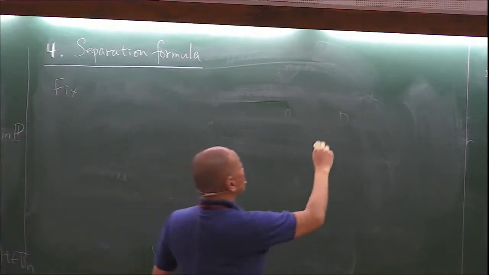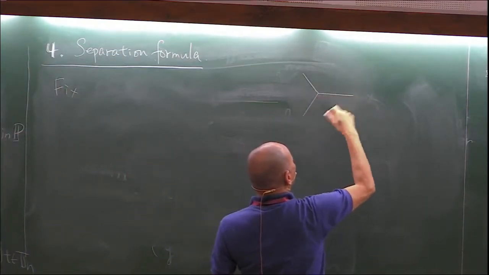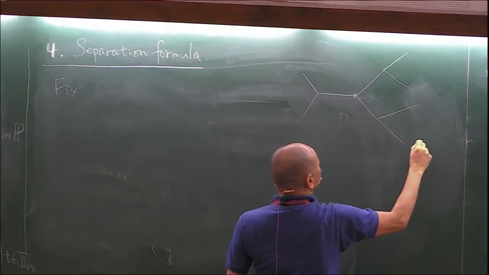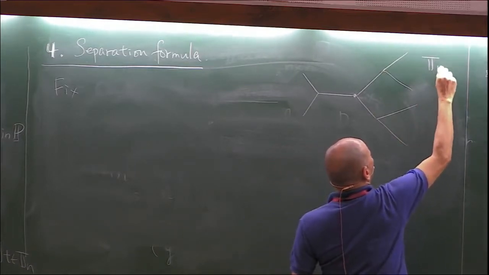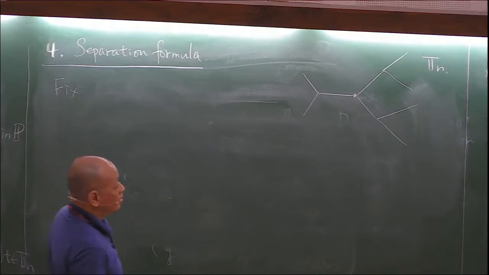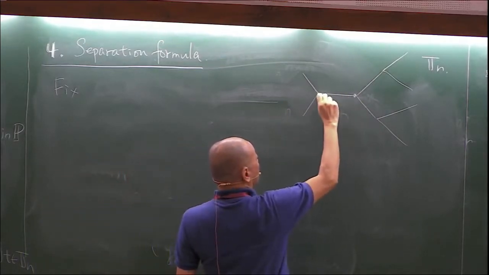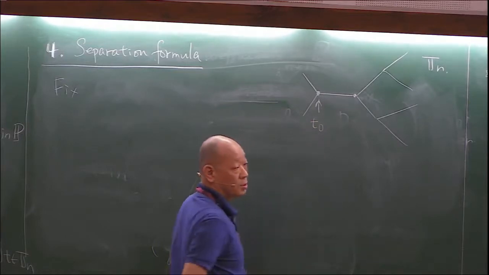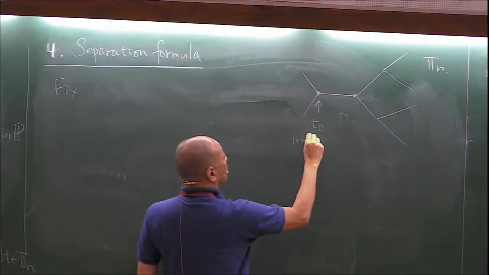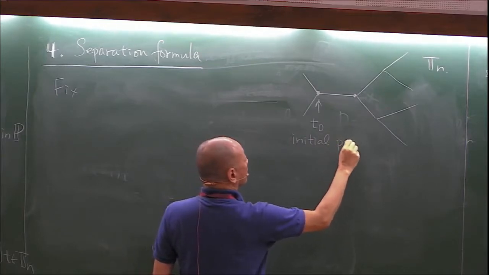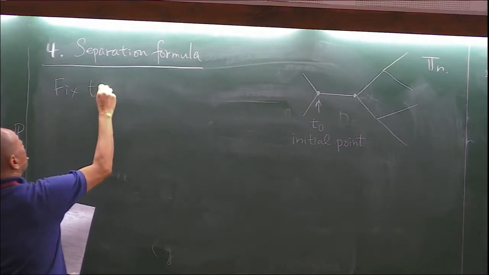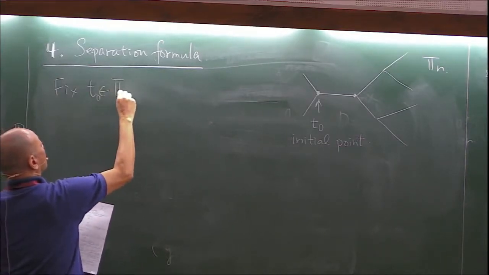So to discuss this, now I introduce the so-called initial point on your tree graph. When you have a tree graph, by your preference, you can choose any one point as a special point, and it is called the initial point. So fix t_0 as the initial point.